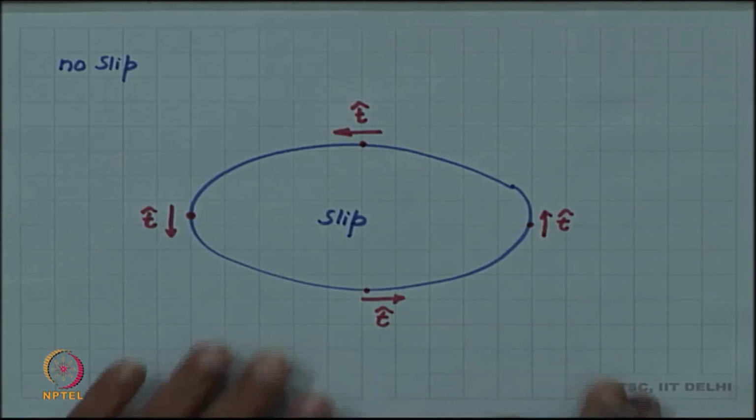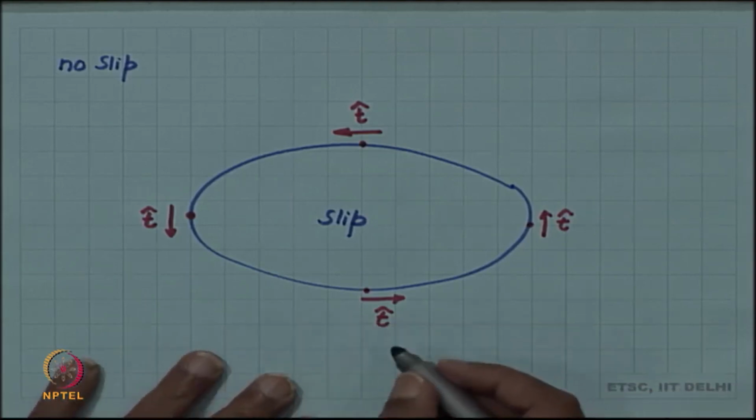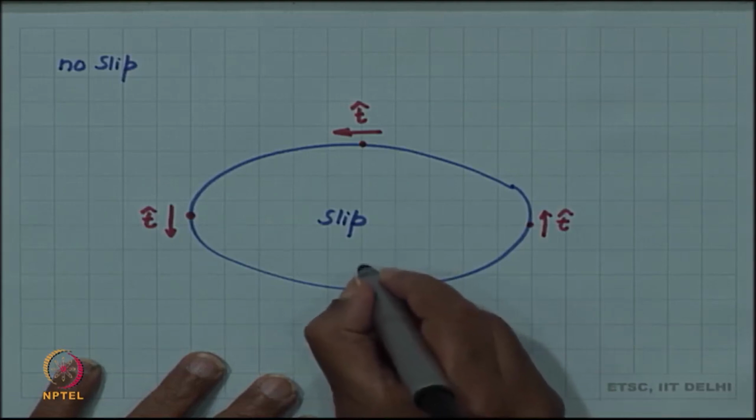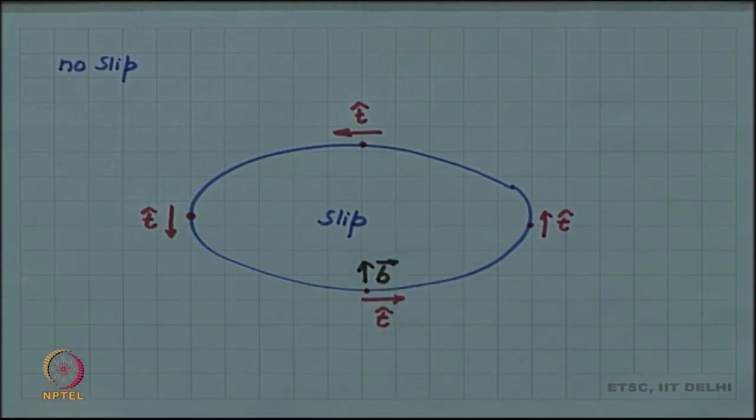Now, the question is what the B vector is doing. If the B vector is also lying in this plane, and let us say for example, that the B vector is pointing up at this point such that T and B are perpendicular. So, at this location we have an edge dislocation.